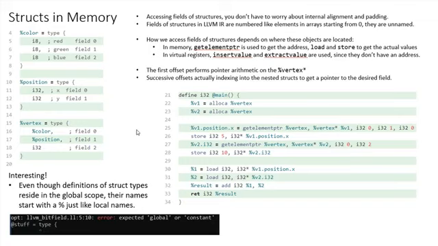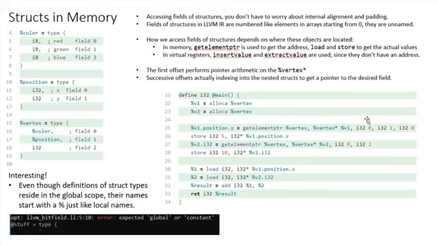Now, here we're first doing a get element pointer example. So we're having a vertex pointer here, and since the v1 and v2 are allocated vertex objects, they are both pointers to the vertex structure type.